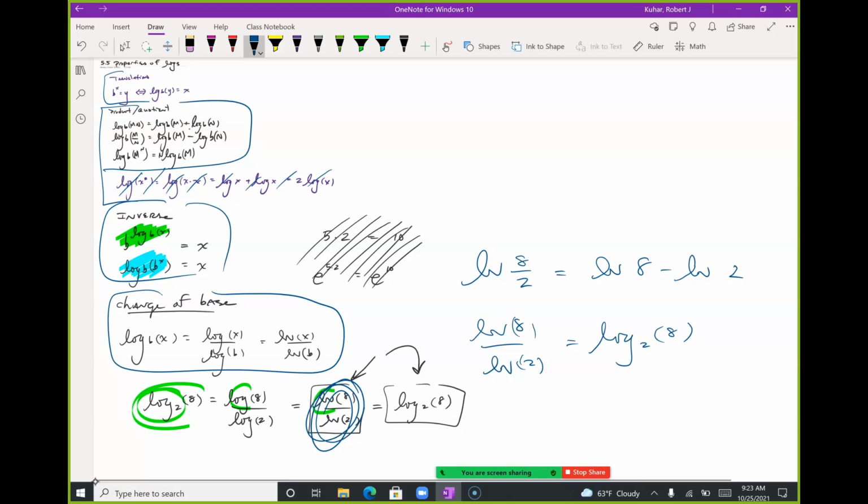They look similar, but they're different, right? You really should see that this one is an argument of 8 over 2. The other one is ln of 8 all divided by ln of 2. Yes, and the book will try and trick you.